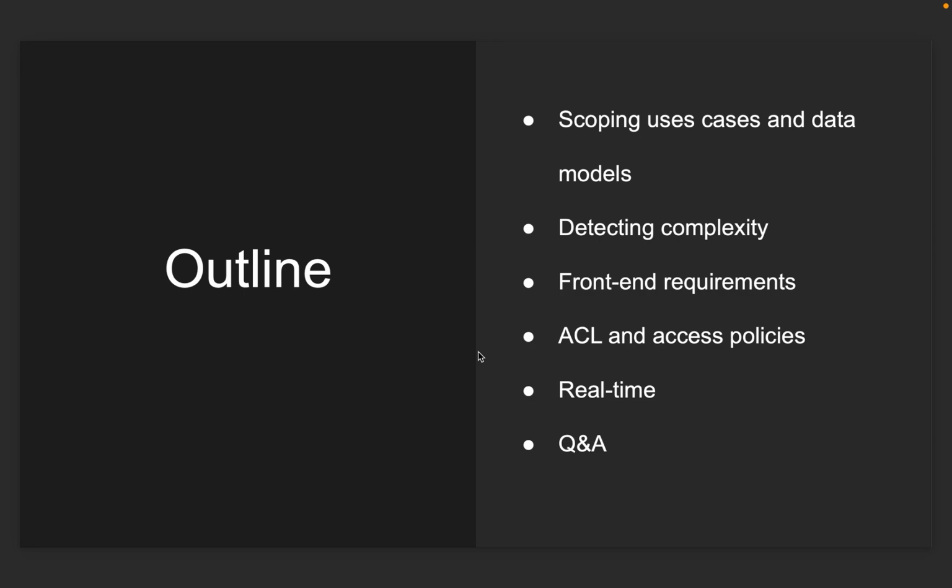Any digital transformation project includes a lot of notions of ACL, access control list, like how can users access this or that feature. And sometimes we have to deal with real time, and this is where Meteor also is great.